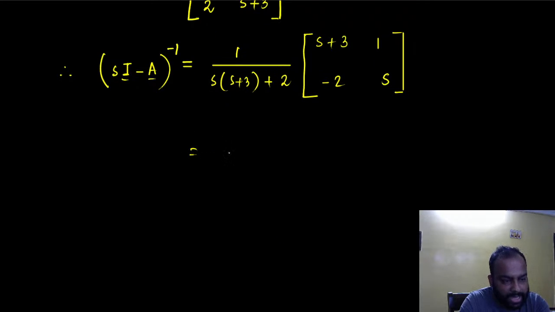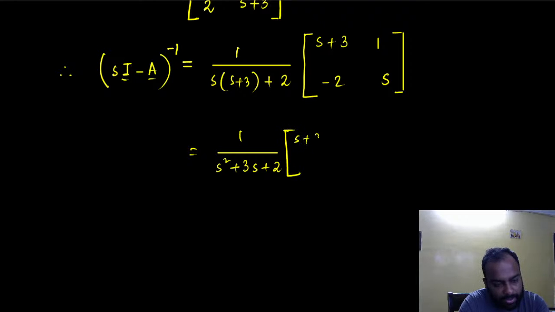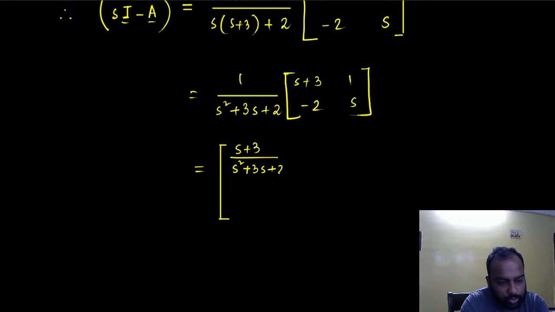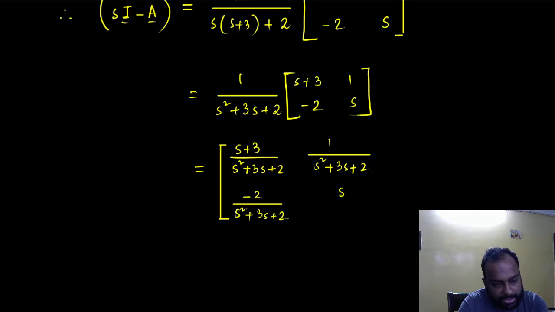So that's 1 by (s² + 3s + 2) times this matrix. Since this is a scalar factor multiplied with a matrix, it can go inside with every single element, and that becomes [(s+3)/(s²+3s+2), 1/(s²+3s+2); -2/(s²+3s+2), s/(s²+3s+2)].